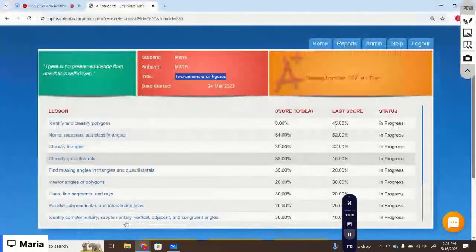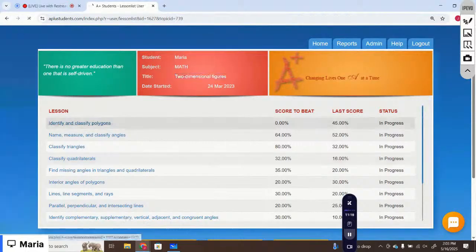Okay, so here I'm on grade 7. This chapter has two dimensional figures. Let's just start with the first lesson, that is identify and classify polygons.